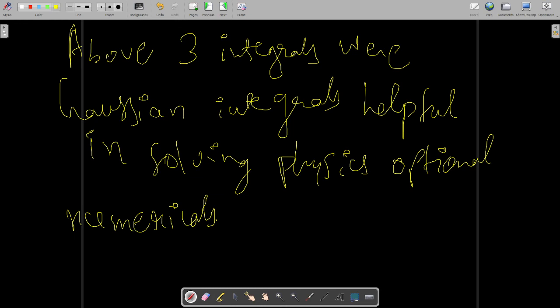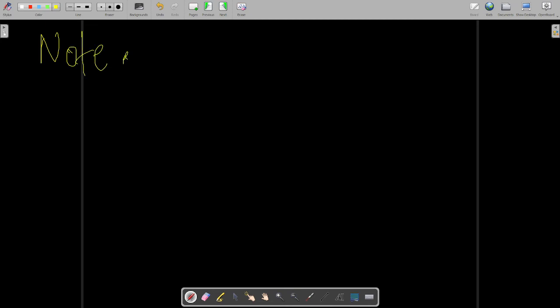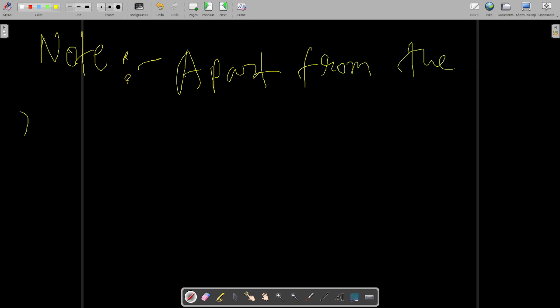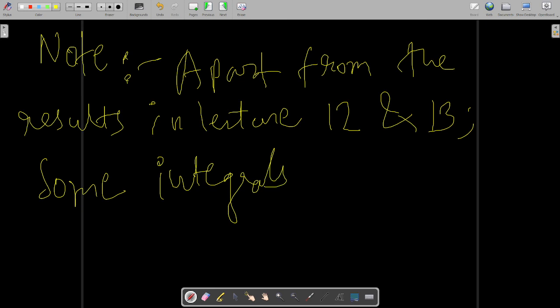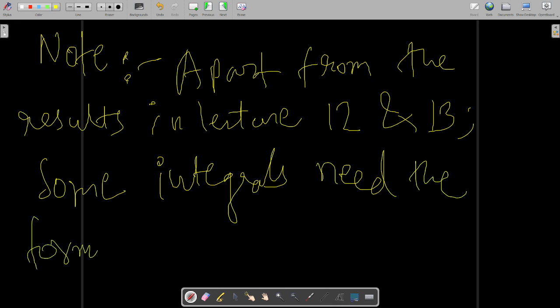So this is the thing, and now write a note over here. Write a note that apart from the results in lectures 12 and 13, some integrals, some Laplace integrals, need the formula of Laplace transforms.